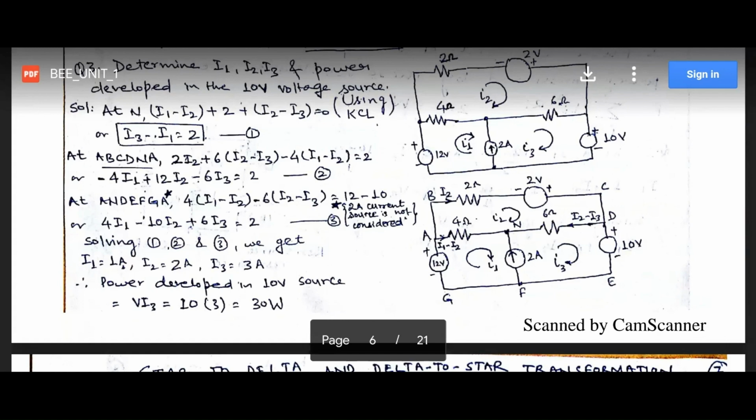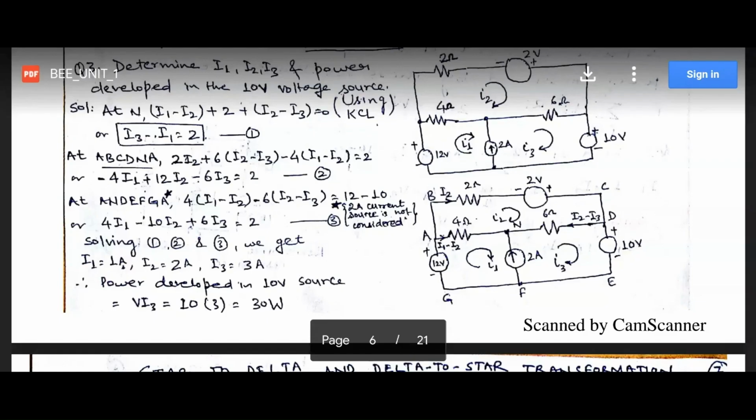One important point while we are naming any mesh or loop is that we have to start from any node and terminate at that very node only. For example, in this first loop, we start from A, going A, B, C, D, N, and again A.